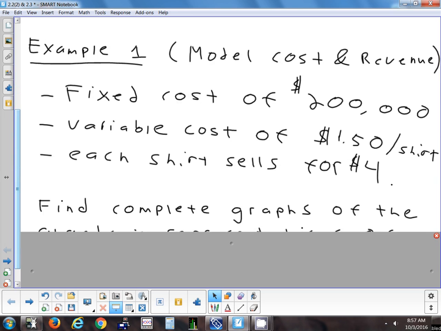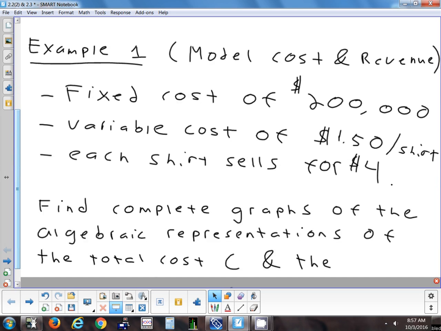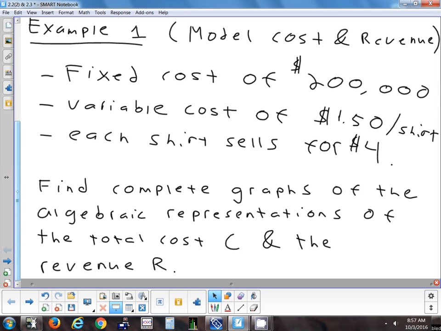All right. So what I want to do is come up with an algebraic representation for the cost, a formula, and then come up with a formula for the revenue.